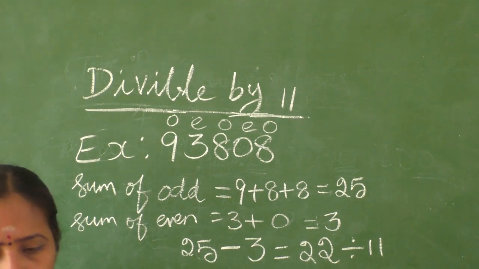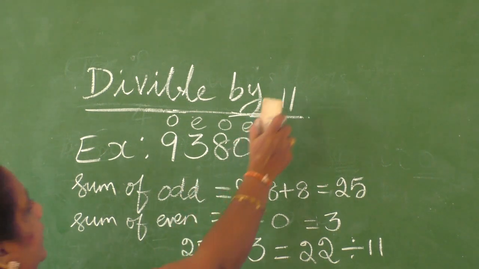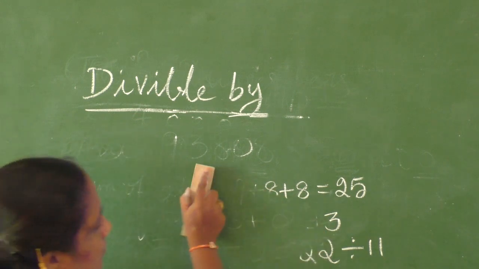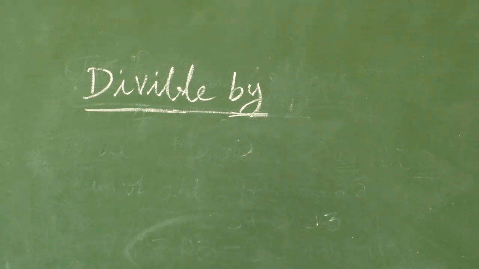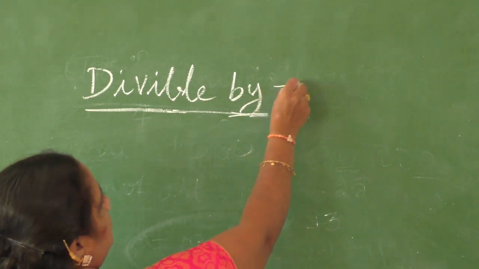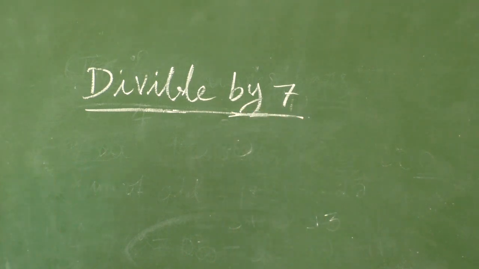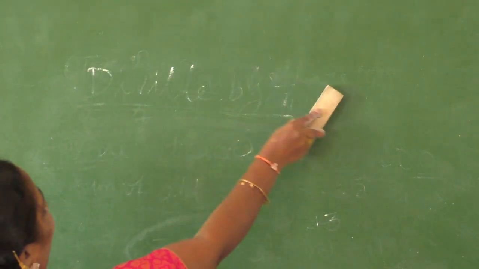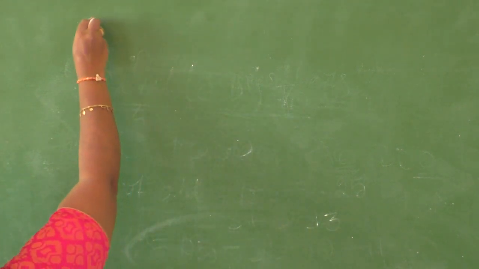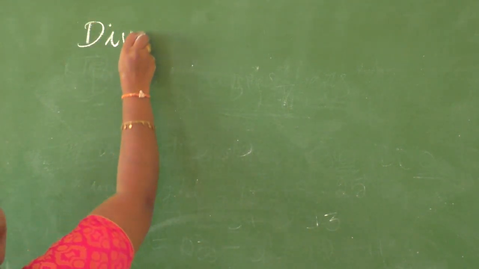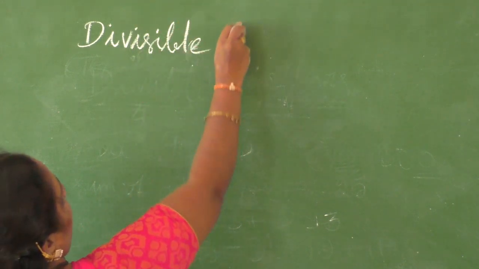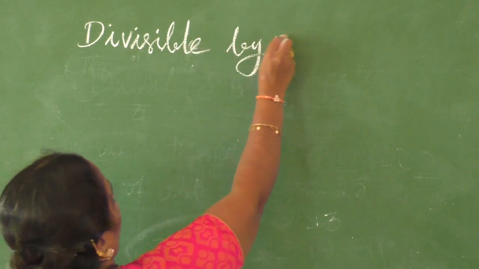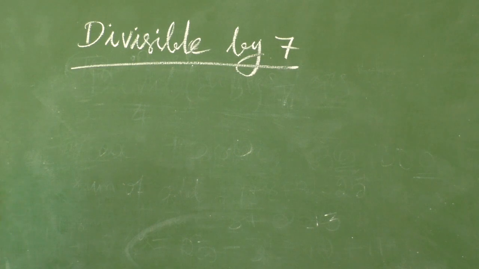So next rule, ma, divisible by 7. What is the rule to divisible by 7?